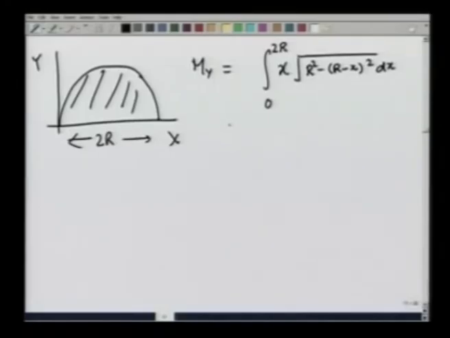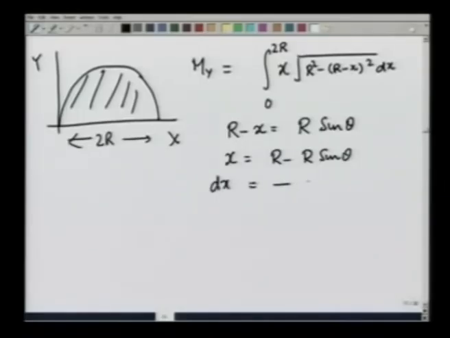Let me take r minus x to be equal to r sin theta, so that x equals r minus r sin theta. In this case, dx is going to be equal to minus r cosine theta d theta.